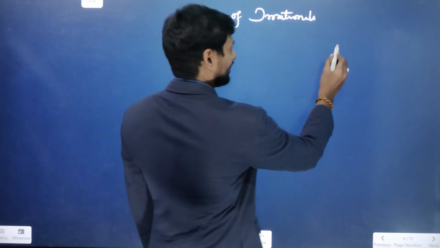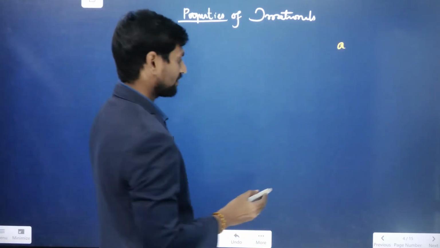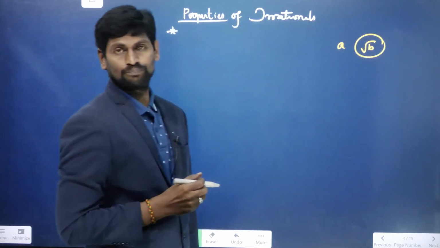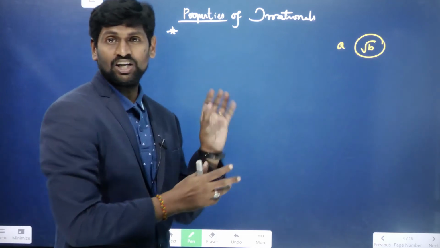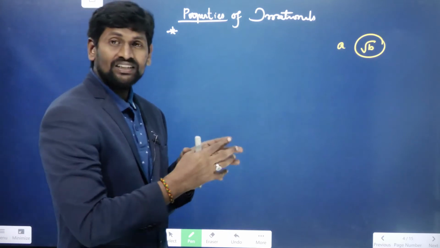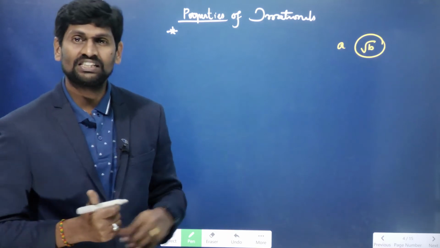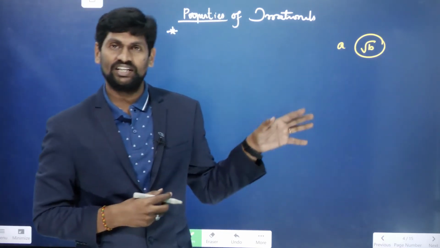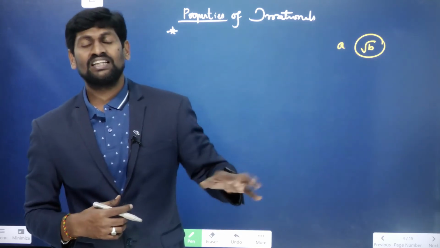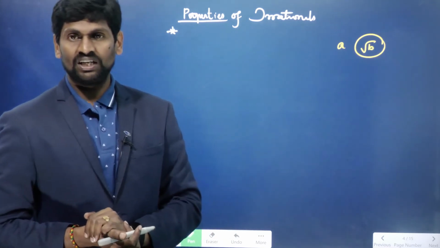If A is any rational number and root B is an irrational number, and you apply the arithmetical operations between them, plus, minus, into, and division, then the result will be an irrational number.